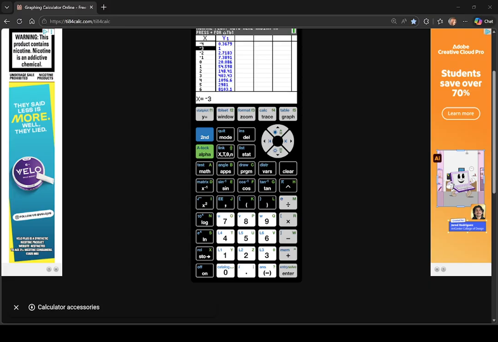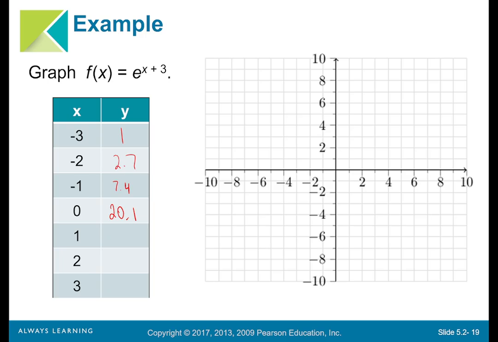So we can put a couple of these on our graph and see what our function is going to look like. I know I have now negative 3, 1. I have negative 2, 2.7. I have negative 1, 7.4. And I know then, because we've seen this function before, that it's going to swoop from the axis like this and shoot up like this.